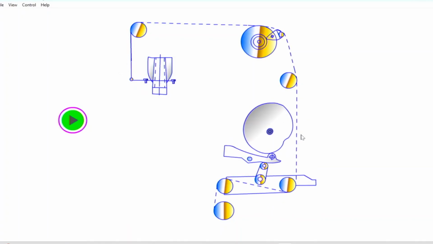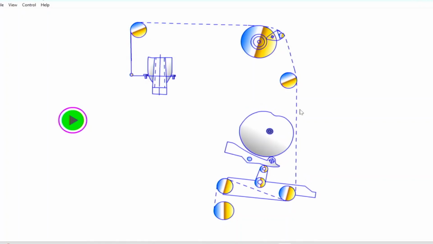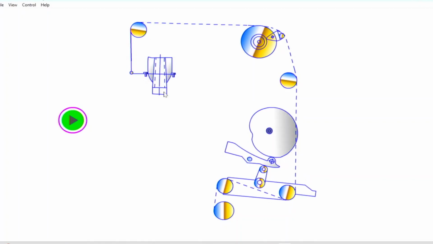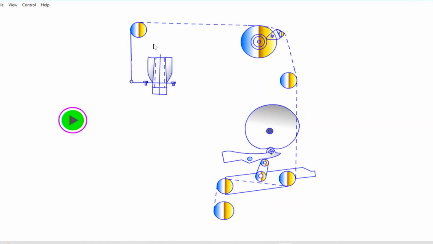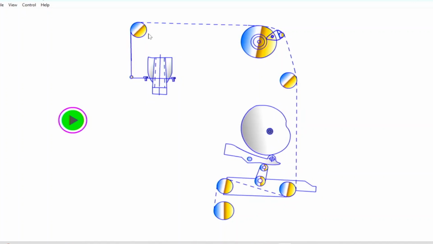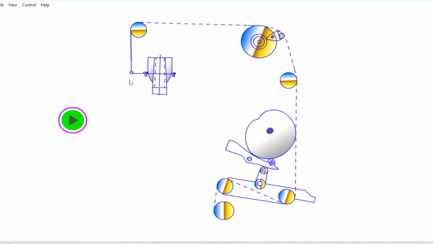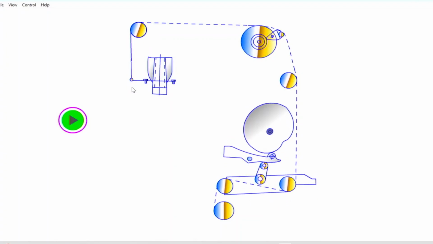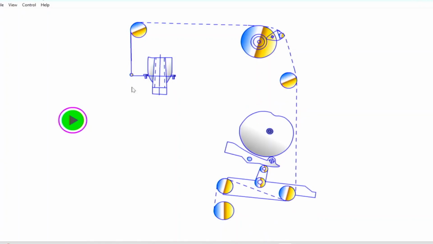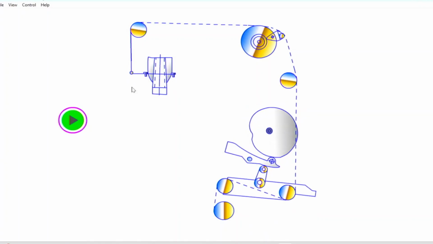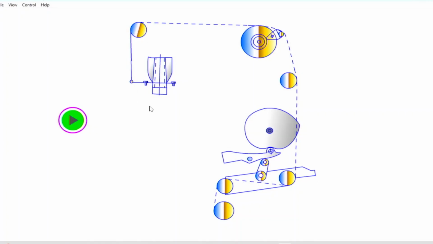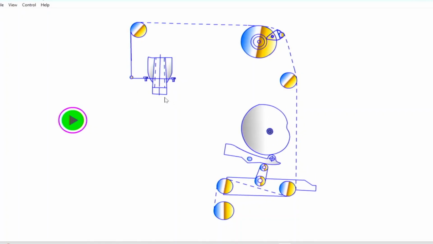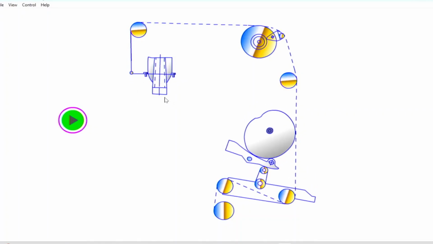and depending on the shape of the cam, the traverse speed changes. When it moves in the upward direction, that is called the winding layer. It moves slowly, but with accelerating speed.